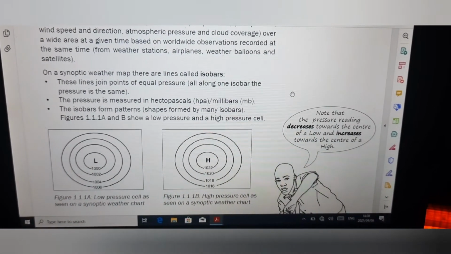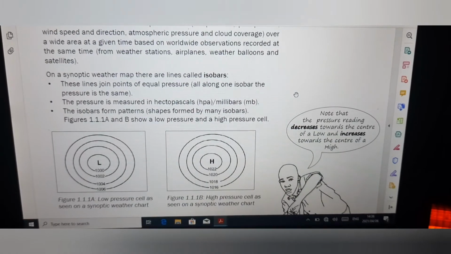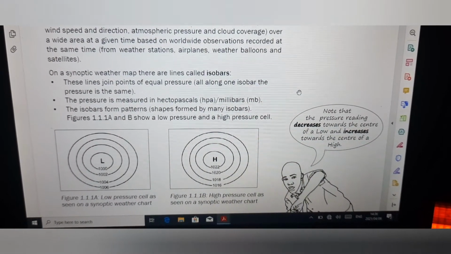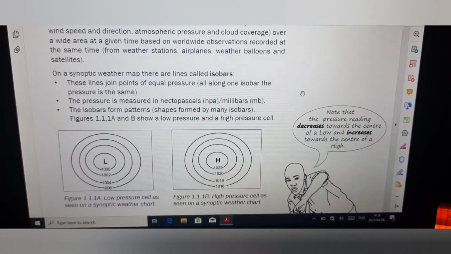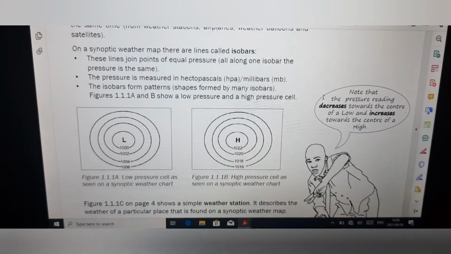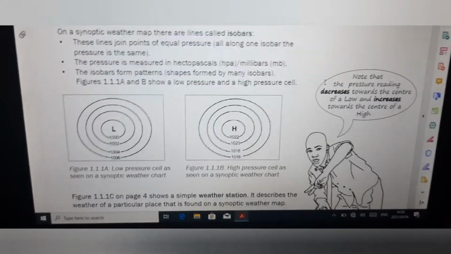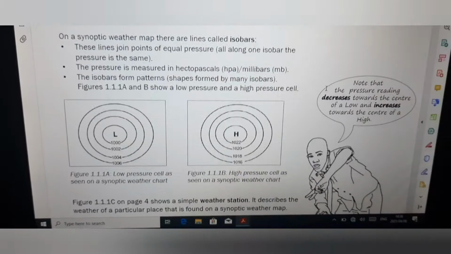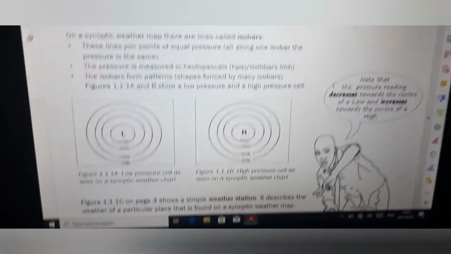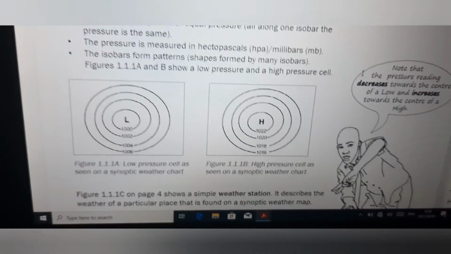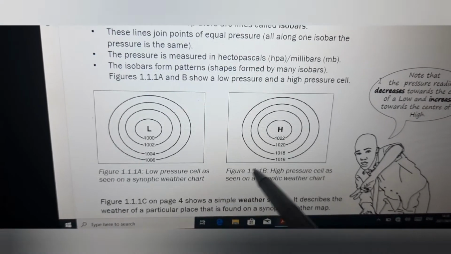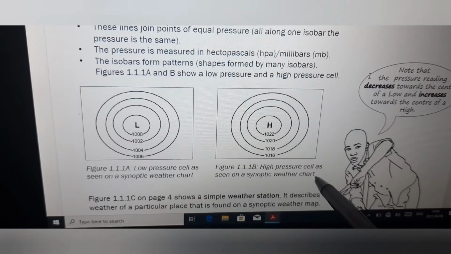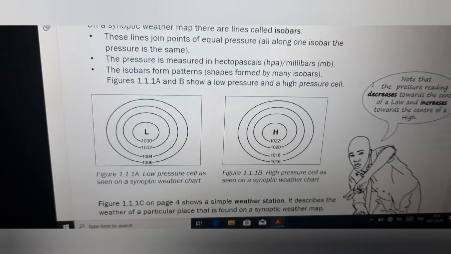Please note that the pressure reading decreases towards the center of a low and increases towards the center of a high. Here's an example. This is a low pressure cell as seen on a synoptic weather chart, and this one is a high pressure cell. On the chart you'll be able to identify these two.